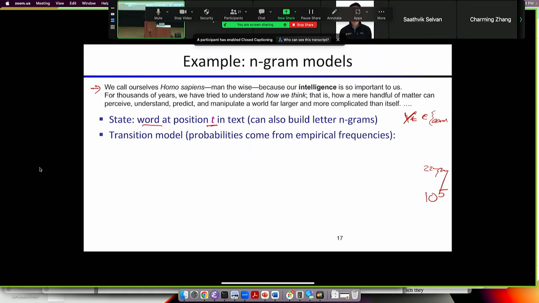So an n-gram model is 10 to the 5 to the power of n. That's why it's hard to build a 3,000-gram model. Because n is 3,000, you're talking about 10 to the power of 15,000, if you built it as a table.